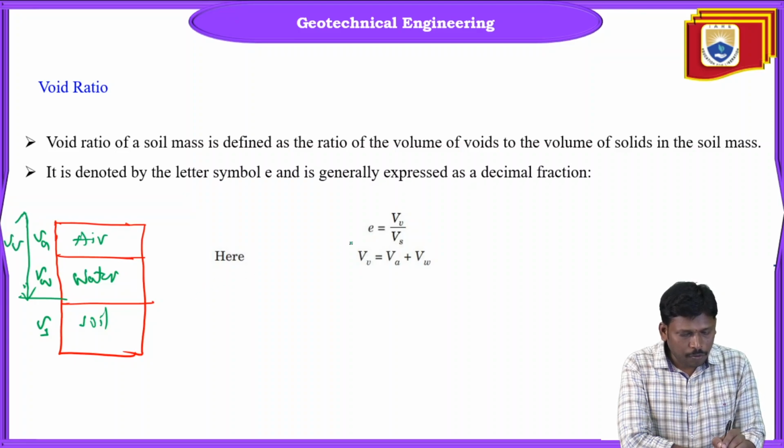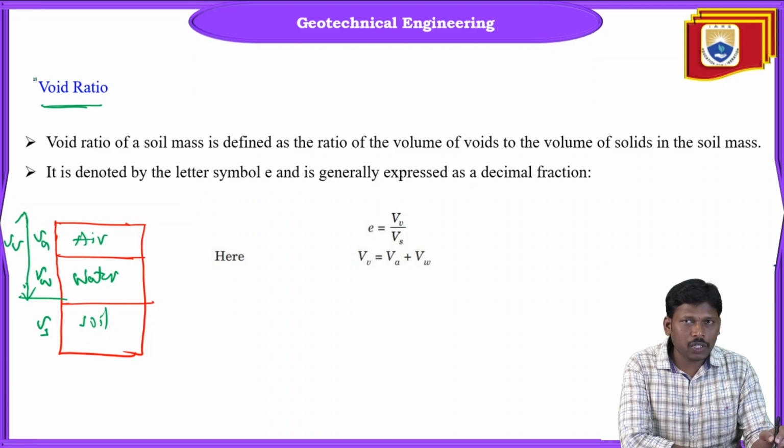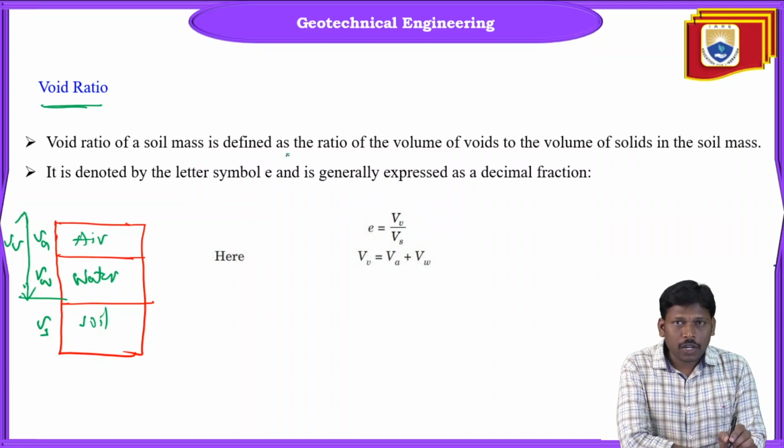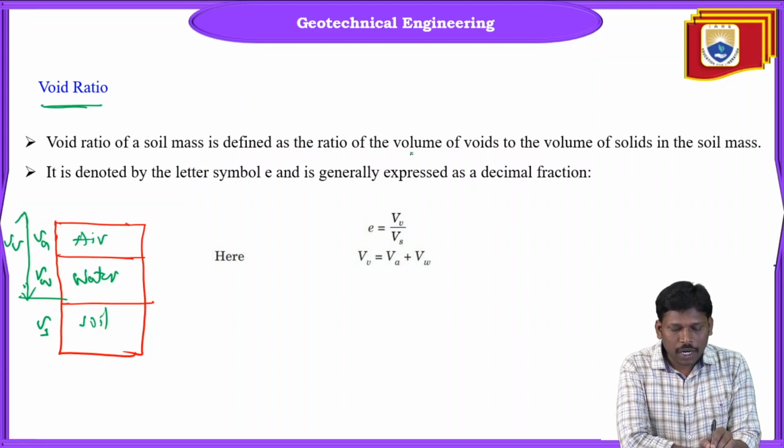And here the first definition is void ratio. Void ratio is defined as the ratio of volume of voids to the volume of solids in the soil mass.